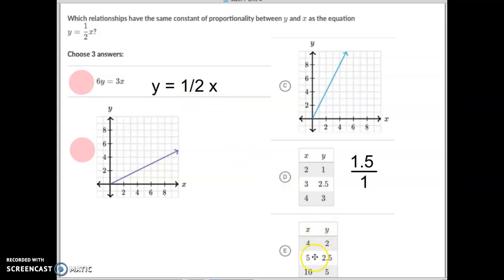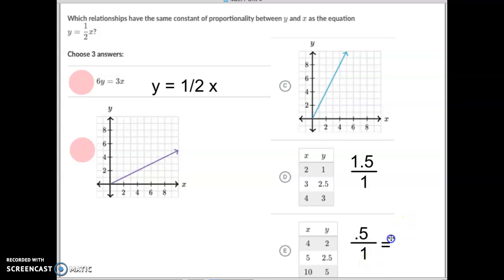Let's try letter E. This one, from 2 to 2.5, went up 0.5. And going from 4 to 5, it went up 1. So, is this the equivalent of 1/2? Well, I don't know. Let's try something here.